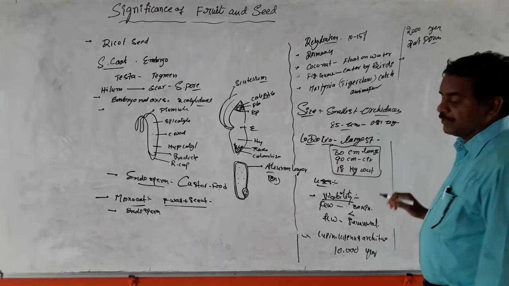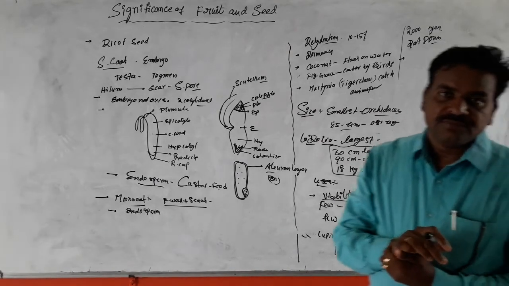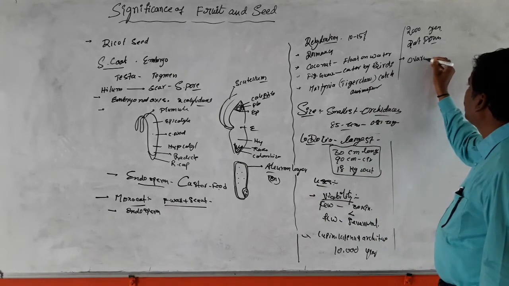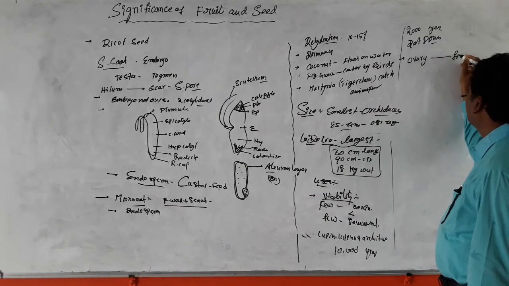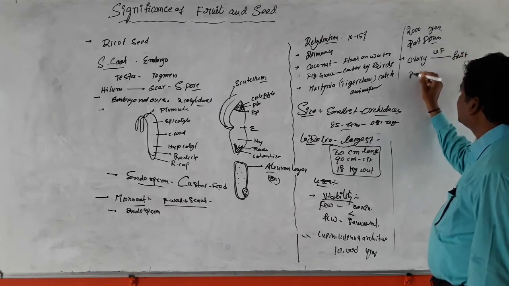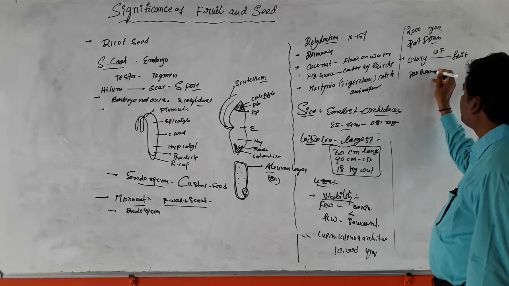At the same time, students, the formation of fruit directly from an unfertilized ovary is called parthenocarpy.